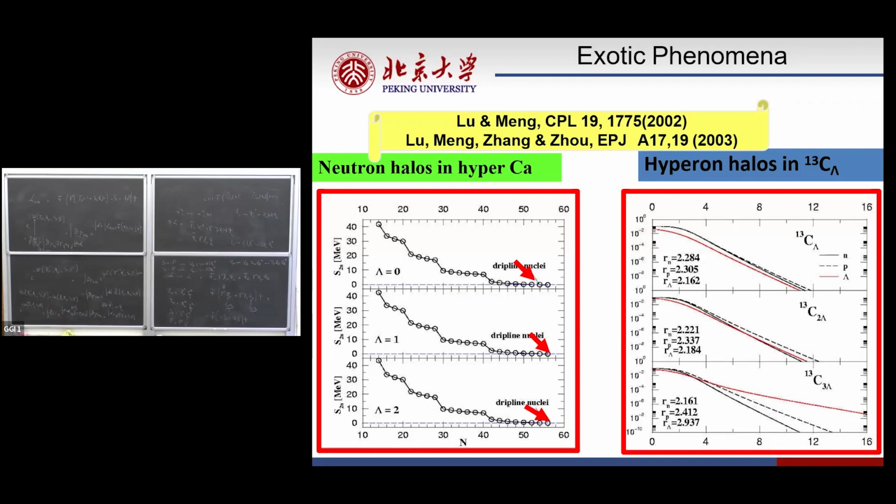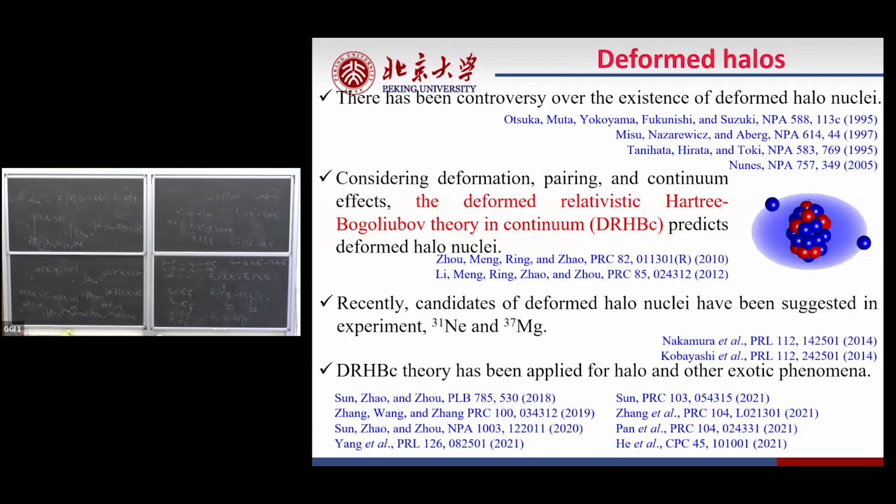The P orbit will be much more weakly bound than the S orbit. Then you could see something like hyperon halos. Then the question comes, because so far most of the halos I told you about before are assumed to be spherical.